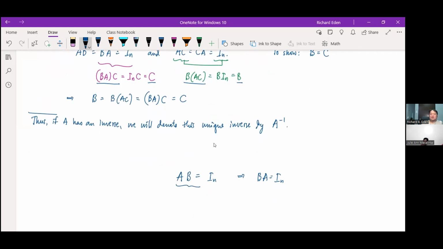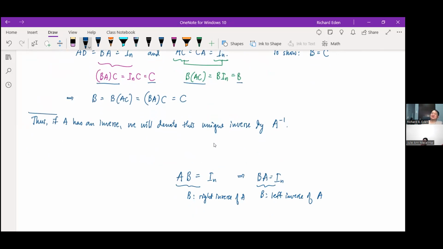So we could almost call B the right inverse of A, and here, B is the left inverse of A. But how do we know that if AB is equal to I sub n, is it possible that BA is not I sub n?